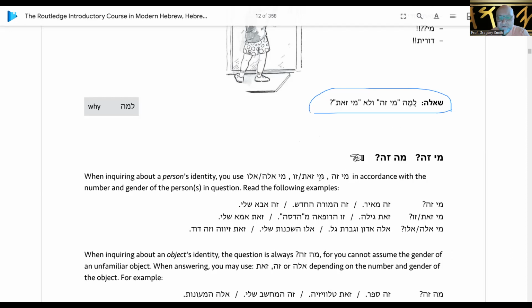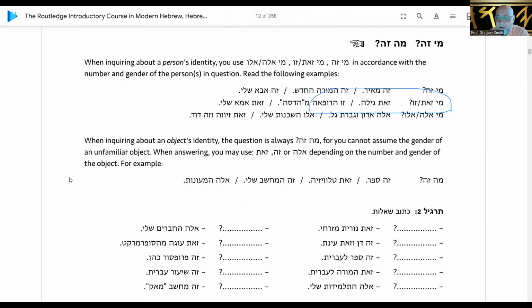Okay, so let's see. When inquiring about an object's identity, the object is always "ma zeh." You cannot assume the gender of an unfamiliar object. When answering, you may use zeh, zot, or eleh, depending on the number and gender of the object. Okay, "ma zeh."